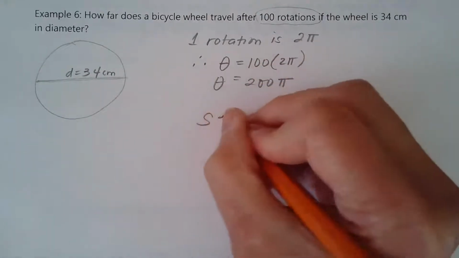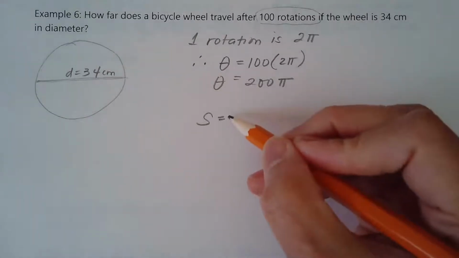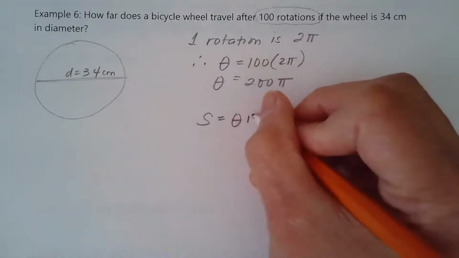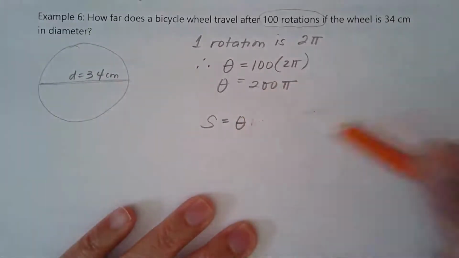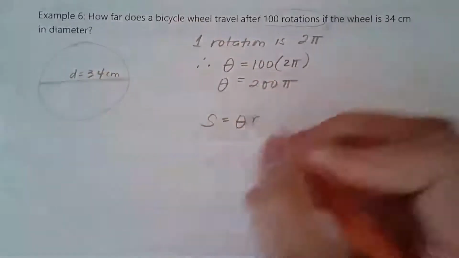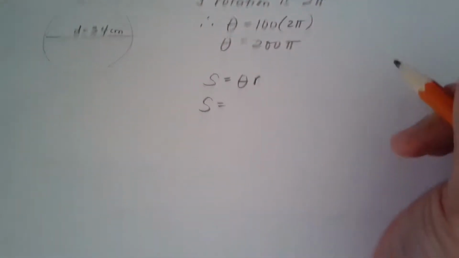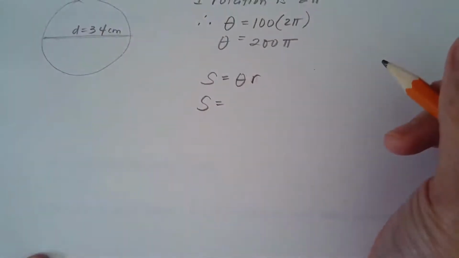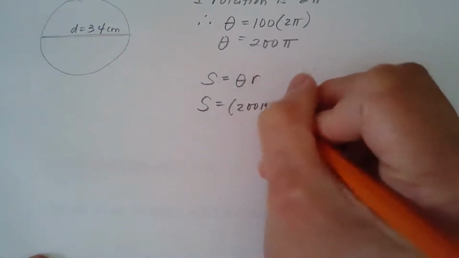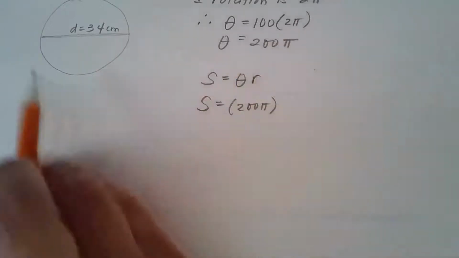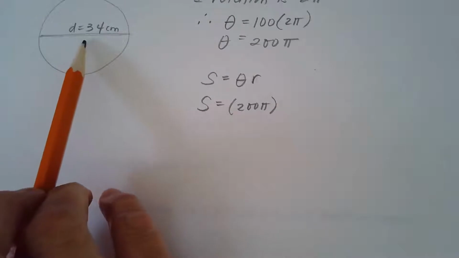So now, how much has it traveled? S is equal to theta times R. We don't know how far it will travel. We know that theta is equal to 200 times pi, and the radius, we don't have the radius in here. We have the diameter, 34.